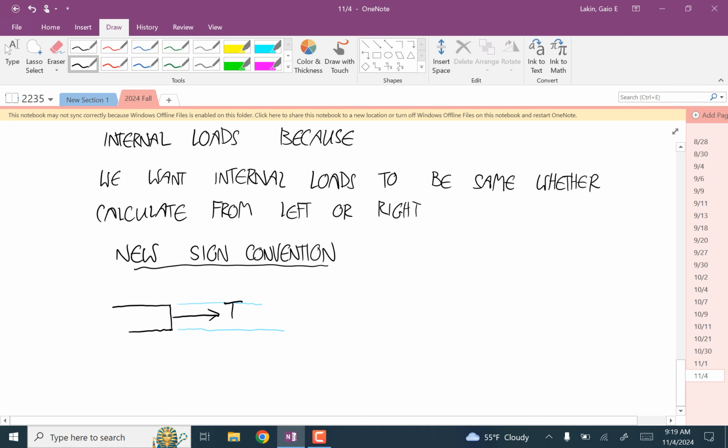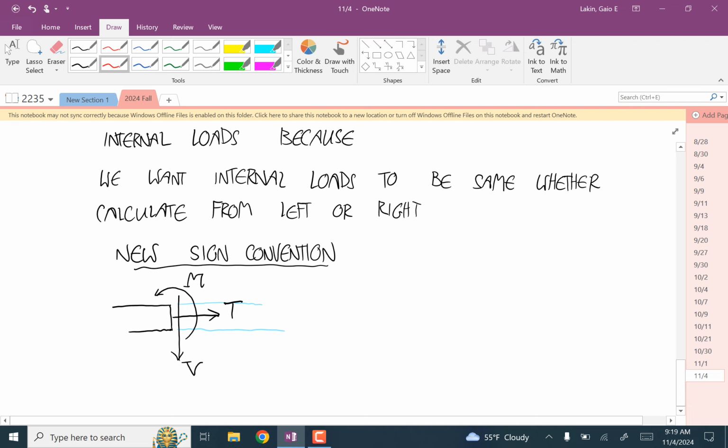So that's going to be the internal tension. We're going to call a positive vertical force down. Why? I don't know. But we're going to call that the shear force. And then a positive moment like this, a couple, we're going to call M. That's the bending moment.